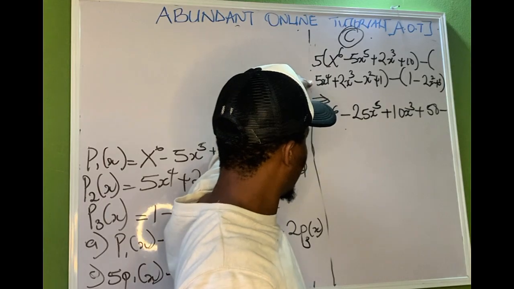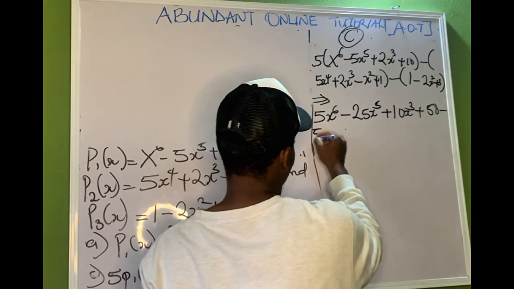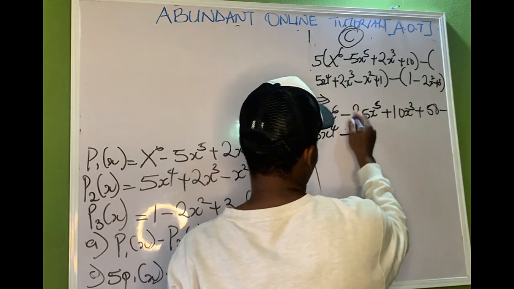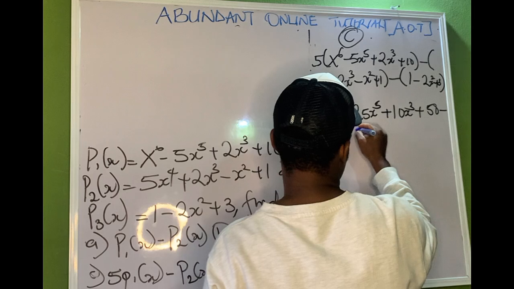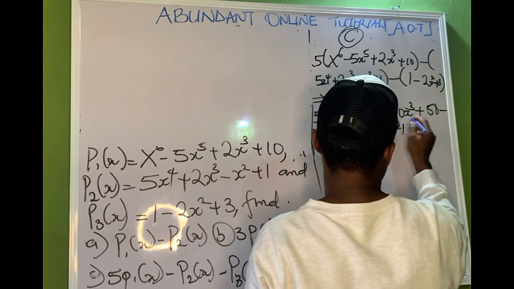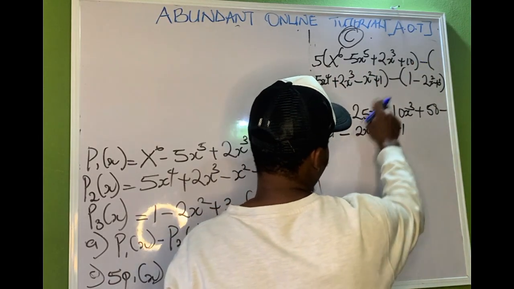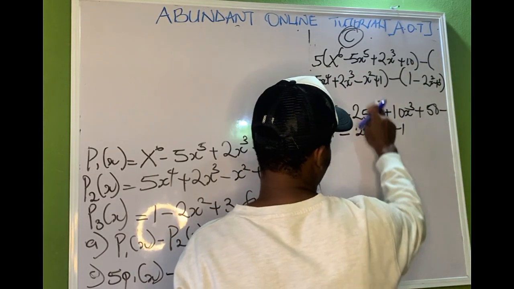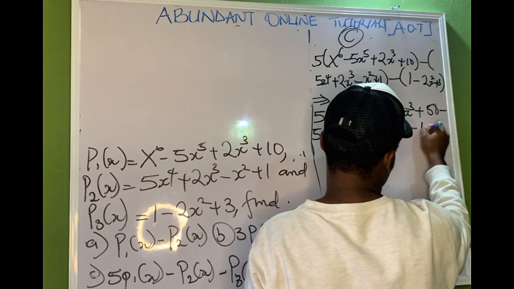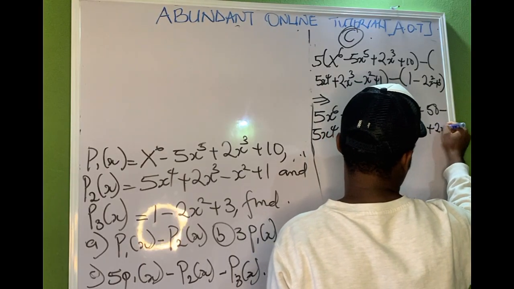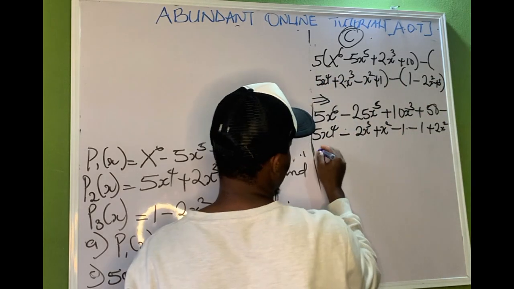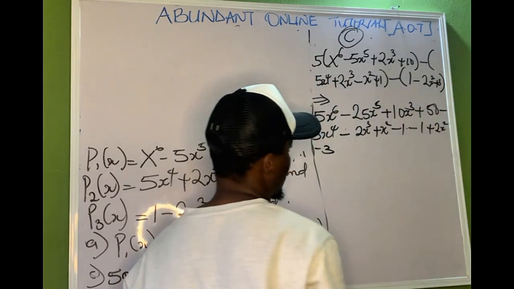Minus times this will give us minus 5x^4, then minus times plus is minus 2x cubed, plus x squared minus 1. Minus times this gives me minus 2x cubed, minus times minus is plus x squared, then minus times plus 1 is minus 1. Minus times this one is plus 2x squared, minus times minus is plus, you know that. Then minus times 3 is minus 3, minus times plus 3 is minus 3.